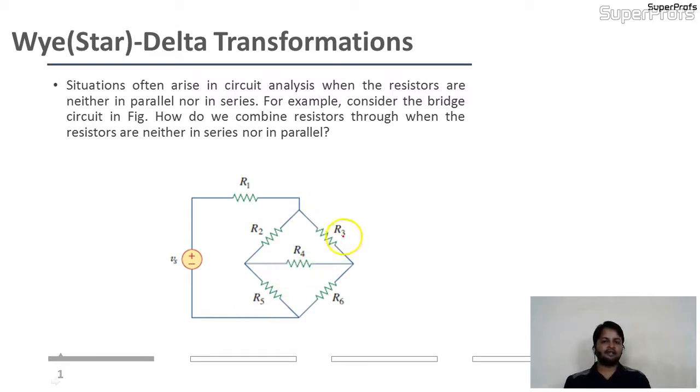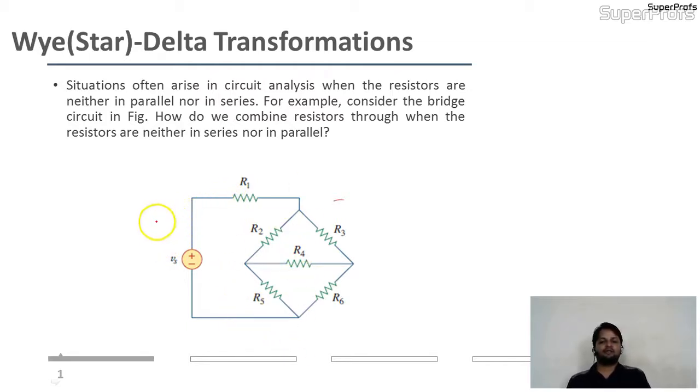See this bridge circuit: R3, R6, R4, R5, R2, R1. If you look over this bridge, you will feel that no resistive element is connected in series or parallel combination. You can see R3 is not connected in series with R4 or parallel with R4, or R6. There is no such combination, neither series nor parallel. So how can we solve the circuit?